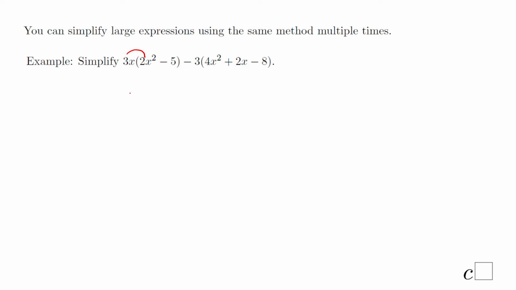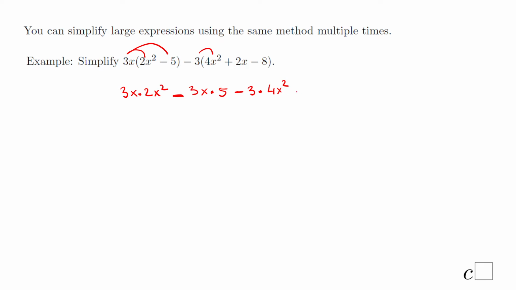We're going to use the distributive property twice. So we have 3x times 2x squared. Let me copy like that. Some of you can do the math right away, but that will be great. Minus 3x times 5. And now be careful here, we have a minus 3 times 4x squared.